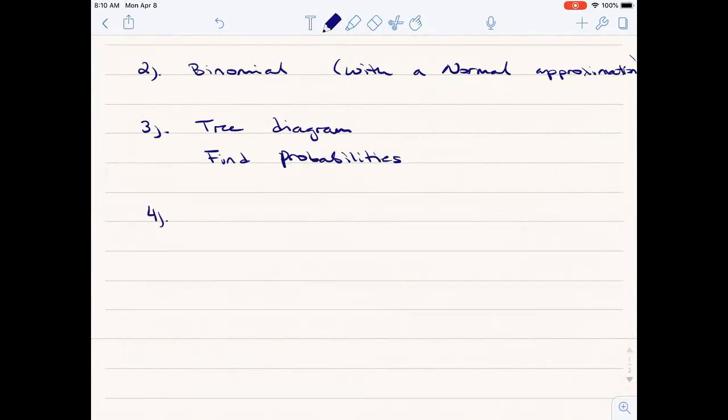Anyways, I think there were some Z scores. So question 4 is going to be a Z score question, Z scores to find probabilities. Should have made a note on here.